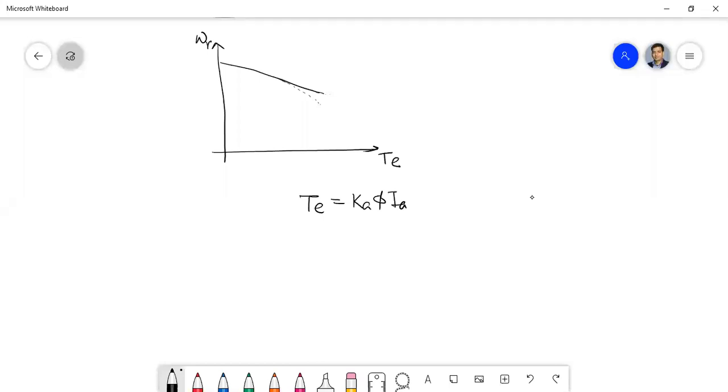But if you remember, in a series motor the field is connected in series with the armature. Therefore, it is called the series motor, isn't it? So this is F1, F2.